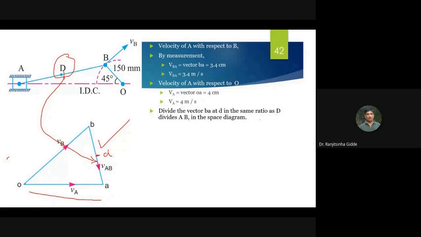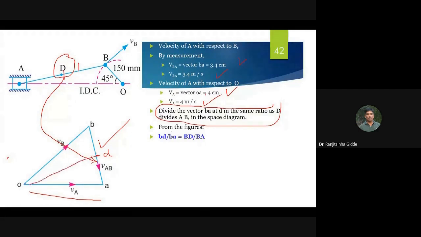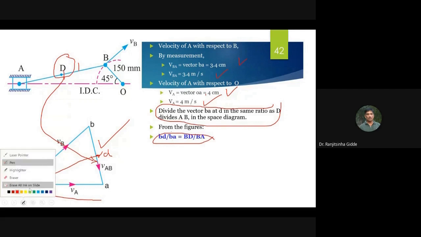During the examination, this write-up is not important. The steps which have values are important. If you write the ratio directly, that is better, or in such cases where it is the midpoint, we can locate midpoint D and join this. So it is also not required with respect to this particular problem.